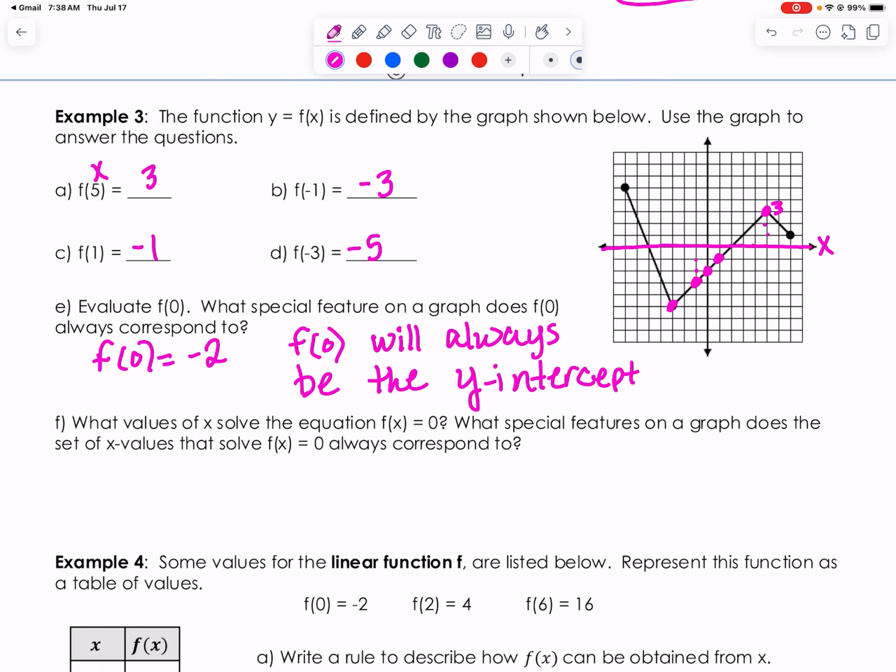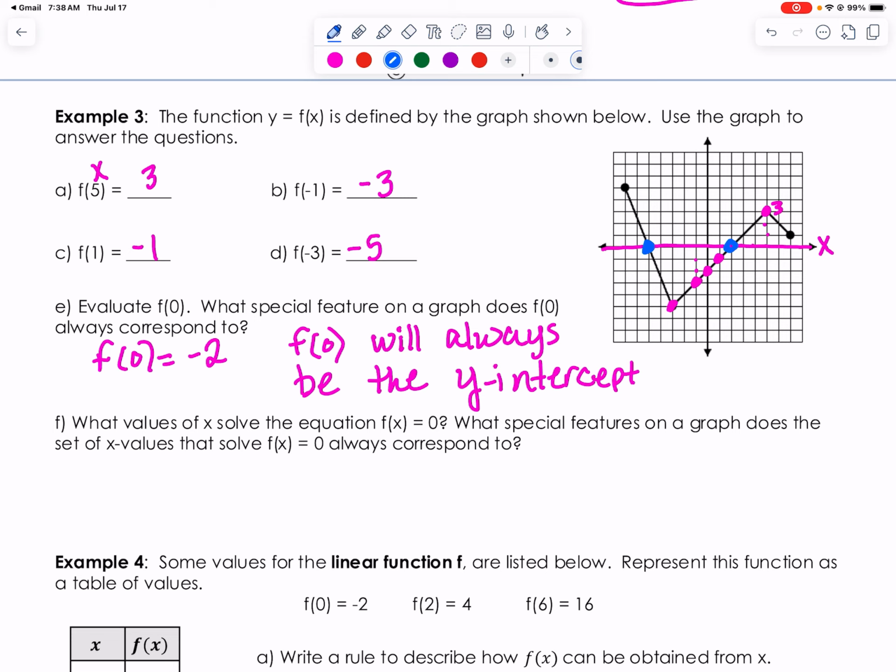Now, our next question is a little bit different. It says, what values of x solve the equation f of x equals 0? Notice that 0 is not our input this time. 0 is our output. So when does y equal 0? Well, I'm going to circle these in blue. y is going to equal 0 here and here.